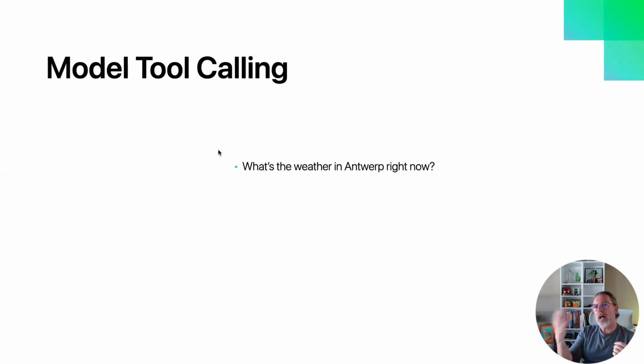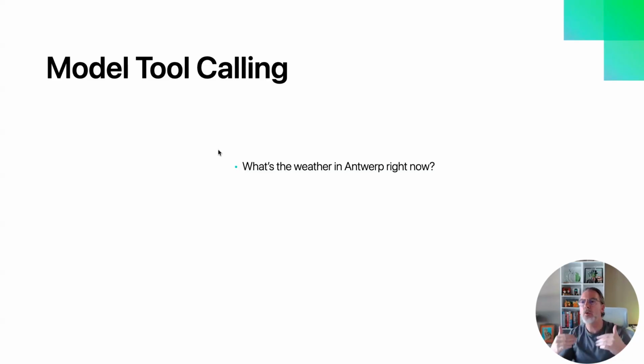How that works is called tool calling or function calling, where you can tell the model, I have a question for you, and if there are parts of that you don't know how to answer, here are a couple of tools you can use. For instance, if I'm asking about the weather, go check this weather API.